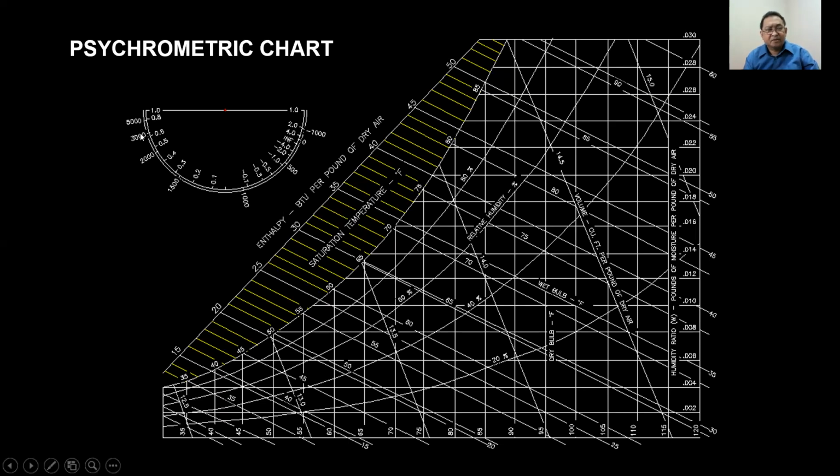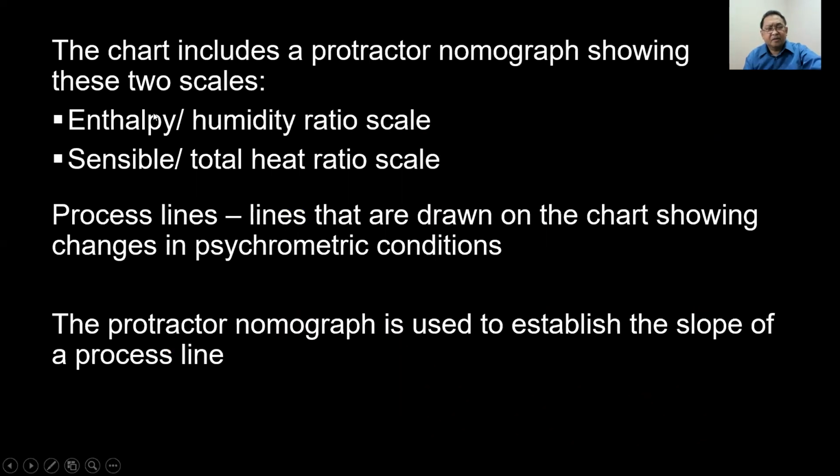Okay, so this is the protractor, and this one is a sensible heat ratio, and this one is the enthalpy humidity ratio scale. So process lines are the lines drawn on the chart showing the changes in psychrometric conditions. So the protractor nomograph is used to establish the slope of a process line.